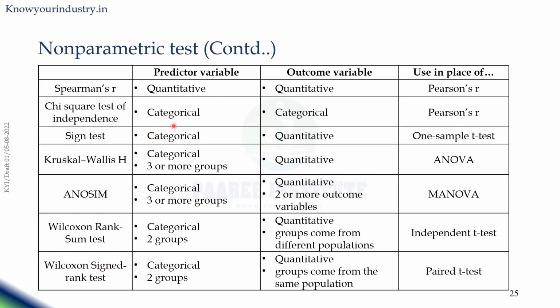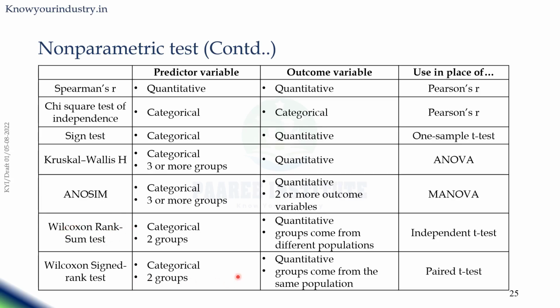For example, if the predictor variable is categorical and the outcome variable is also categorical, then you can use the chi-square test of independence. Sometimes you want to see quantitative data where groups come from different populations and the data is categorical, then you can go for the Wilcoxon rank sum test.